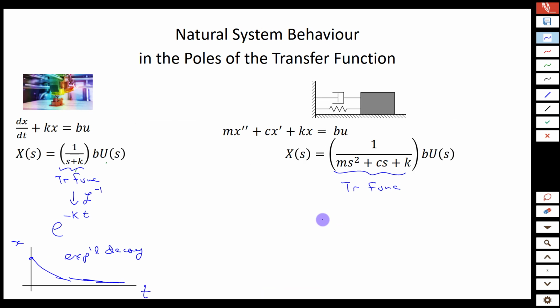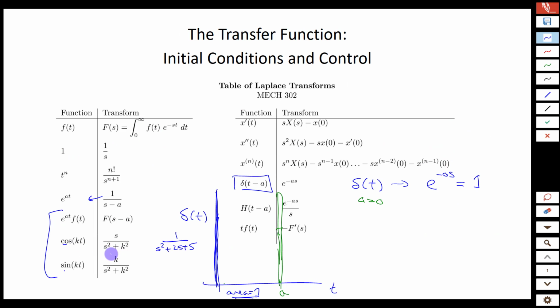So this is going to lead to an e to the minus at cos of bt, and an e to the minus at sine of bt, because of the quadratic form down here in the transfer function.